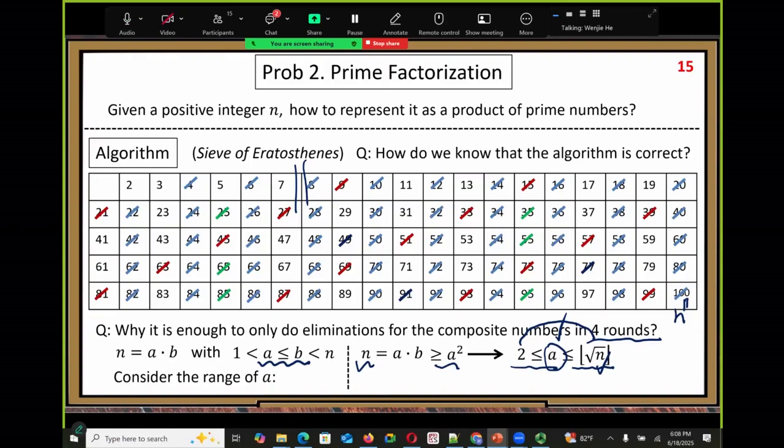So between 2 and 10, but we want to look at the prime numbers in this range, because when we do the testing, we want to use the prime numbers. And 7 is the largest prime number in the range.